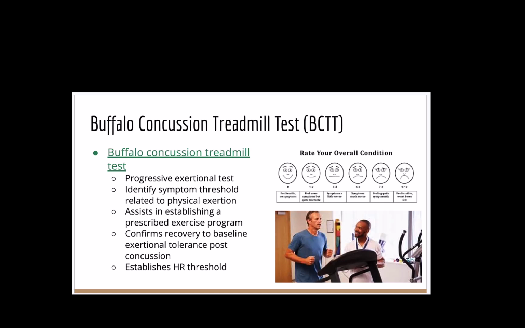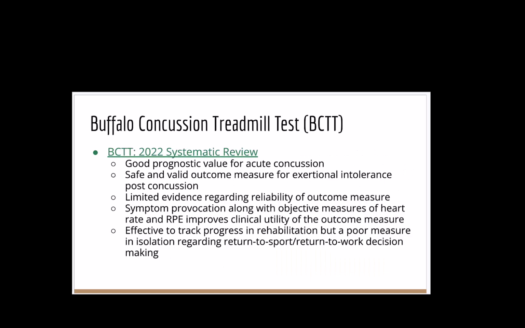Buffalo concussion treadmill test is really, really common to utilize with the PCS patient population. It has good prognostic value for acute concussion, and it's what we usually say is the most valid and commonly used outcome measure for exertional intolerance, which is something that's going to make a huge difference in tracking whether or not somebody's able to return to sport, return to work, some of those big picture decisions later on when a patient has exertional intolerance.